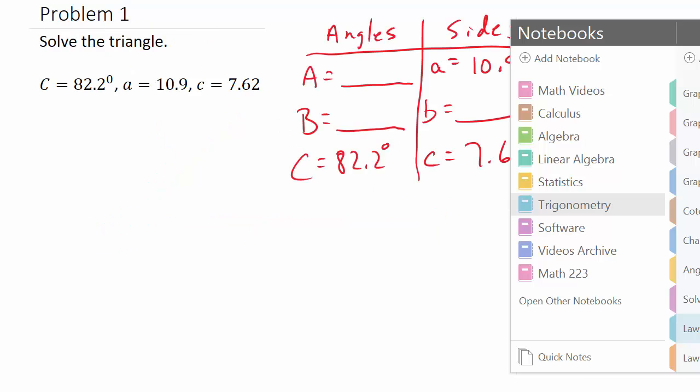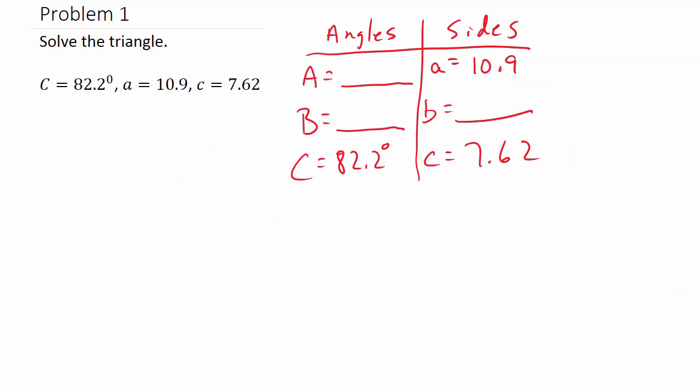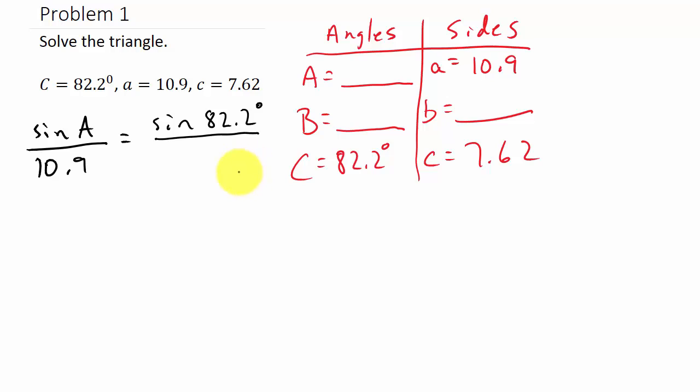This gives me the sine of A over side A, which is 10.9, equal to the sine of angle C, which is 82.2 degrees, over side C, which is 7.62. Now I just need to solve for sine A.